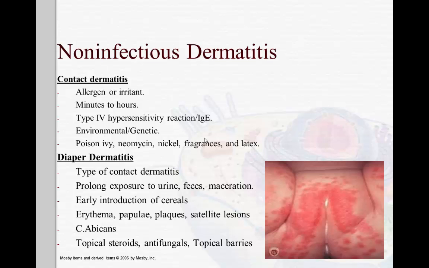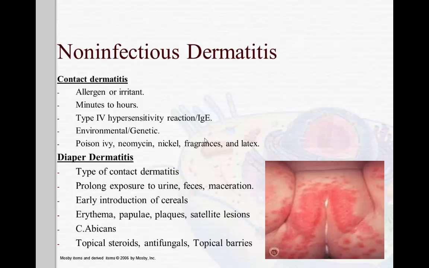Okay? The primary symptom is also pruritus. It's a hypersensitivity reaction type 4, even though patients also have IgE increased. It is also environmental, so if you're exposed to poison ivy, to the plant, you could develop a rash.